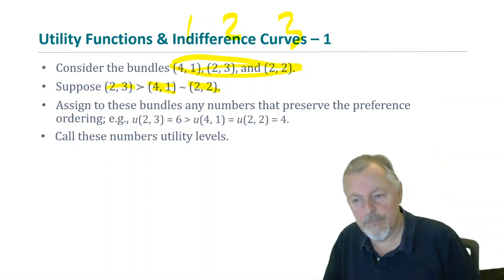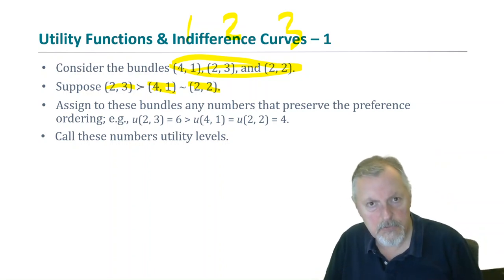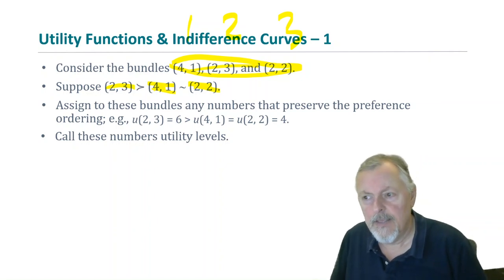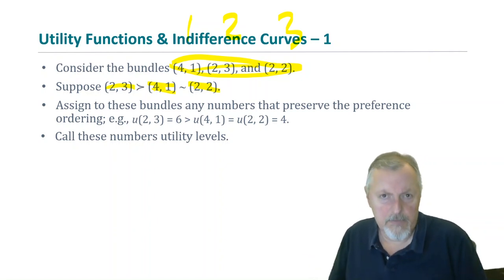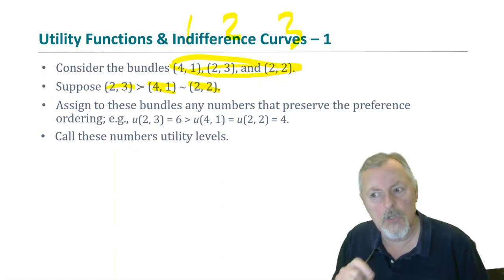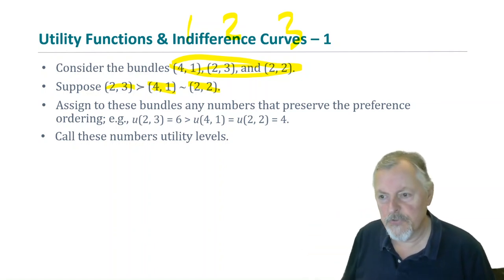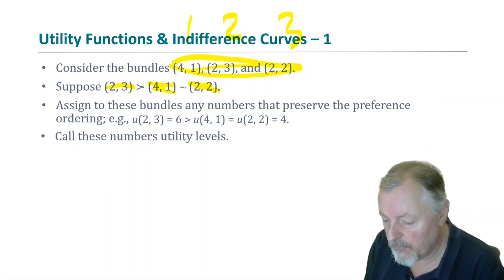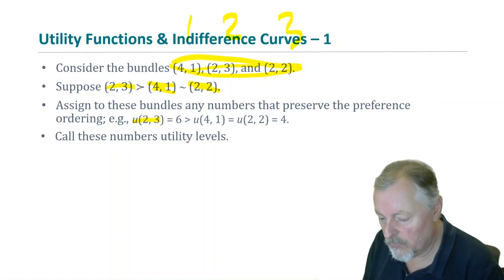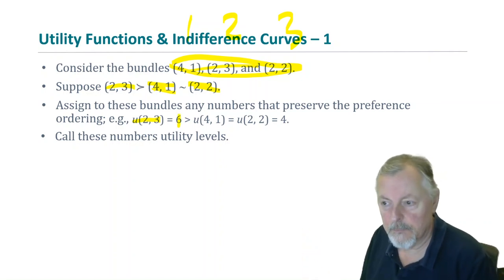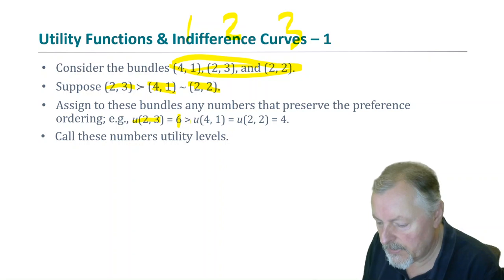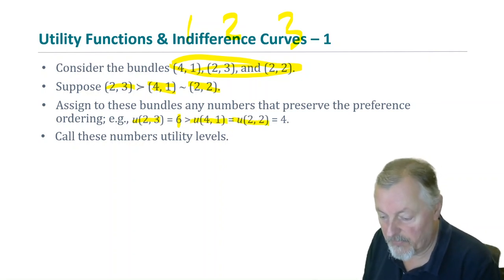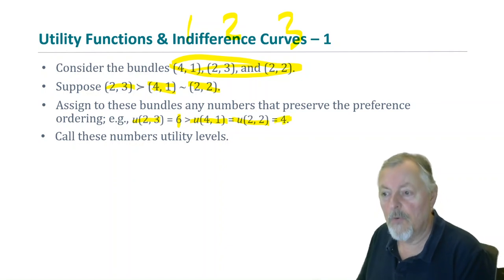Well, you can assign any numbers to the amount of utility derived from each of these, and it will describe the exact same choices and the exact same preferences as long as the order is preserved. For example, you could say that the utility provided by bundle number 2 is 6. And the utility provided by bundle number 1 is the same as the utility provided by bundle number 3. They're both 4.